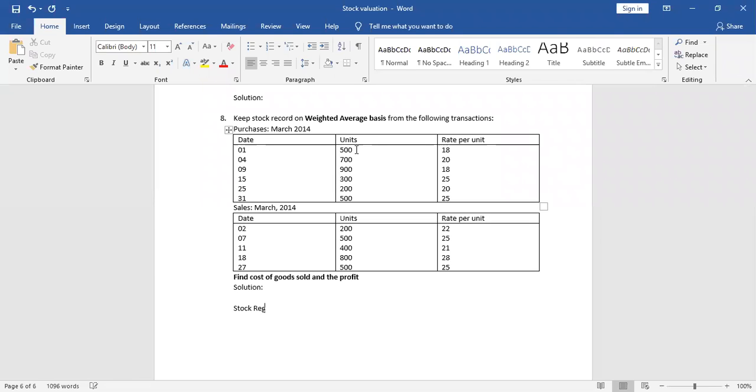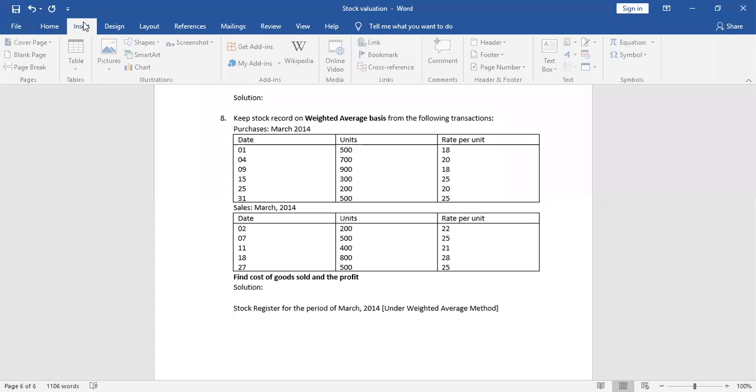Stock register for the period of March 2014. Under which method we will be solving the sum? Under the weighted average method. So let us prepare the columns first.